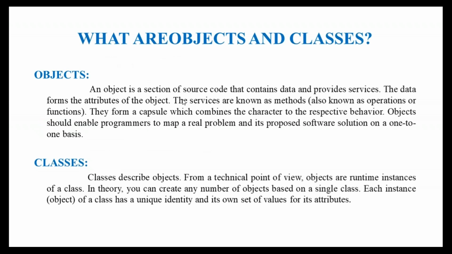So we have objects. An object is a section of source code that contains data and provides services. The data forms the attributes of the object. The services are known as methods. As of now, you can just understand that a method is where we write the logic, and classes describe the object.